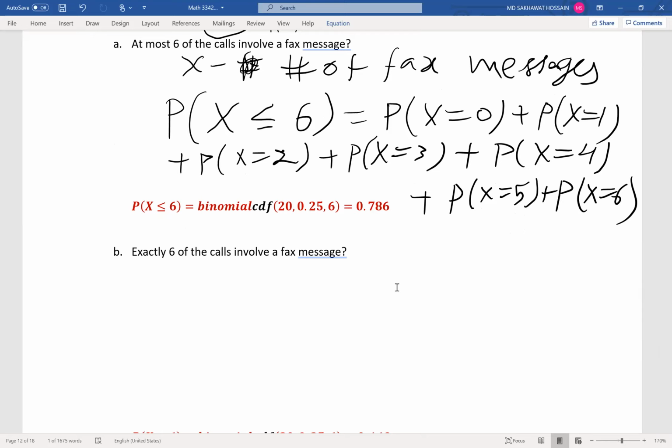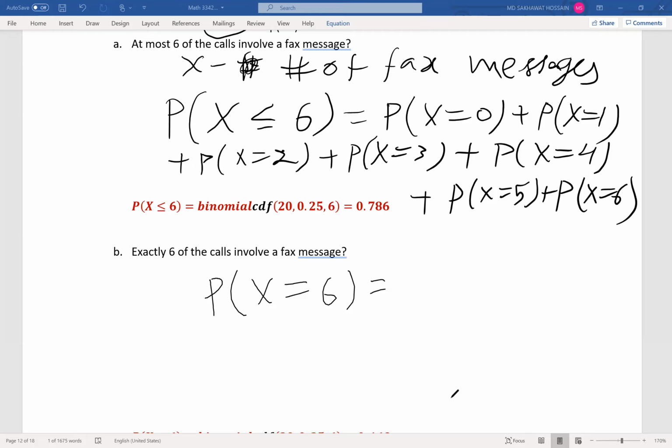Okay, part B is exactly 6 of the calls involve a fax message. So exactly 6 means we want to find the probability where X is equal to 6. If you use a spreadsheet, you have to use the option false because we are not finding the cumulative probability.